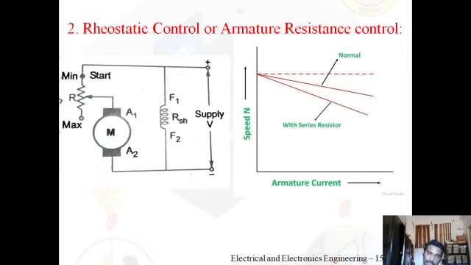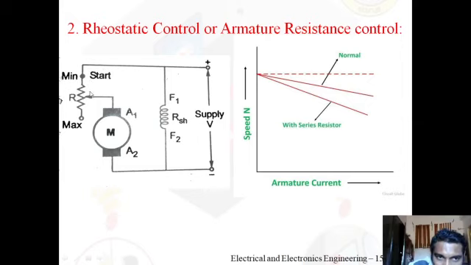So now we need to analyze this graph with adding resistances in the armature circuit. How is the speed of a DC shunt motor varied when resistance is included in the armature?